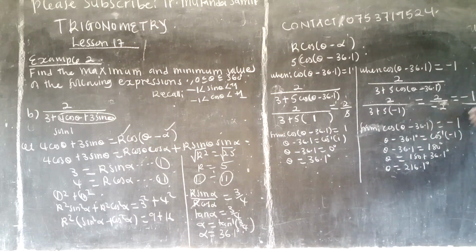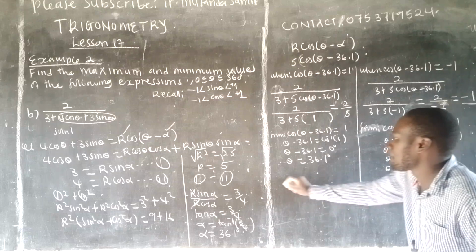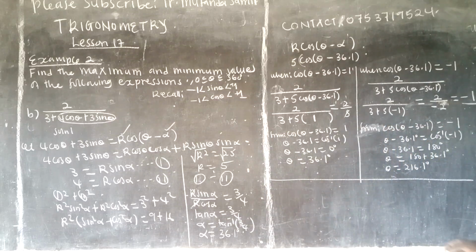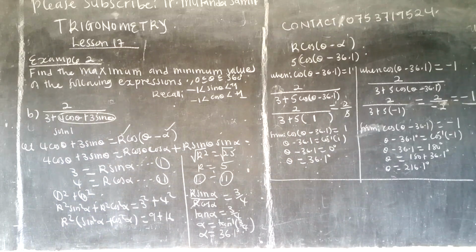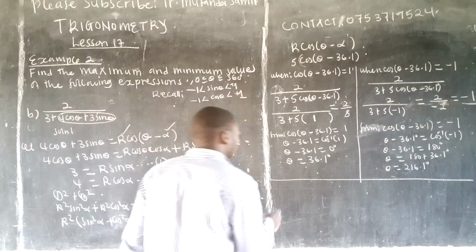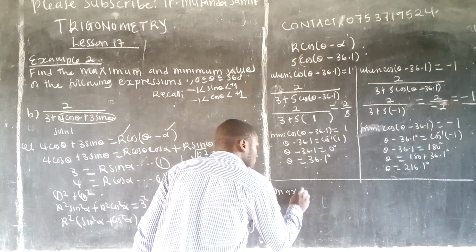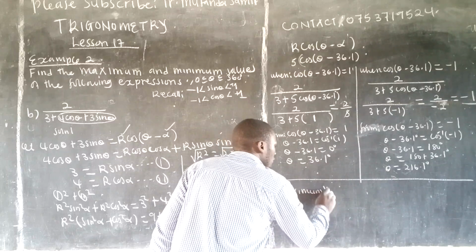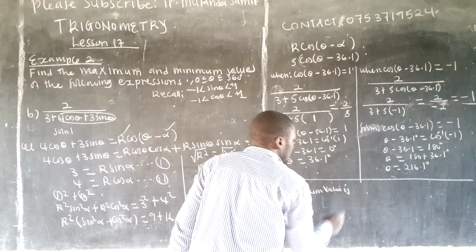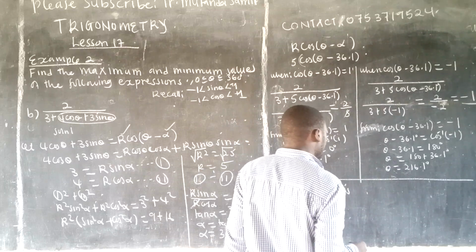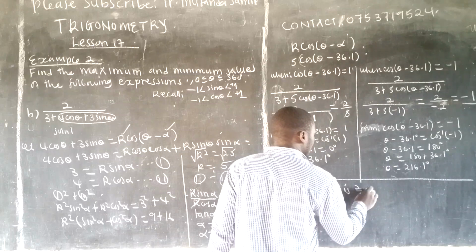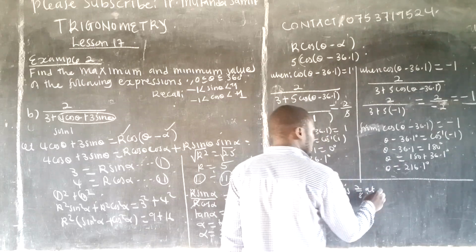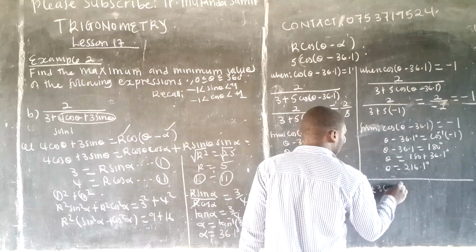Now, we have everything. We have this value and the angle at which it is occurring. Which one is maximum? Of the two, which one is maximum? It is this one. So now here, you can conclusively say the maximum value is 2 over 8 at 36.1 degrees.